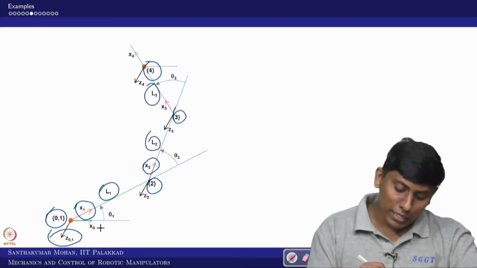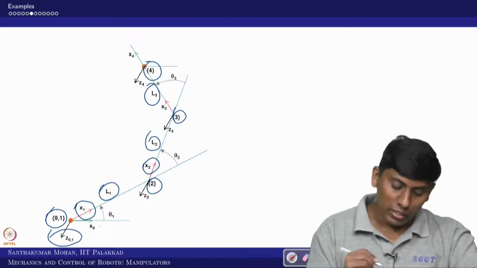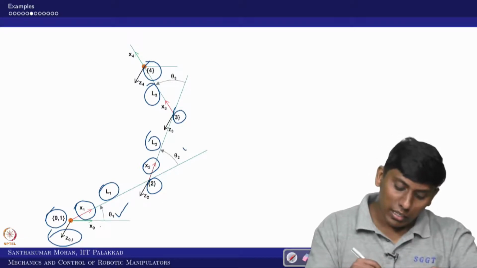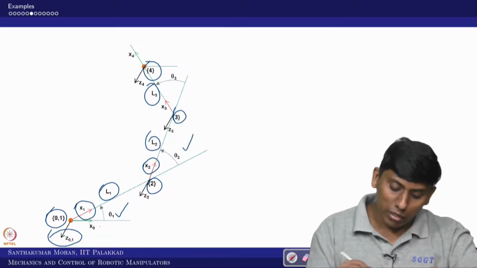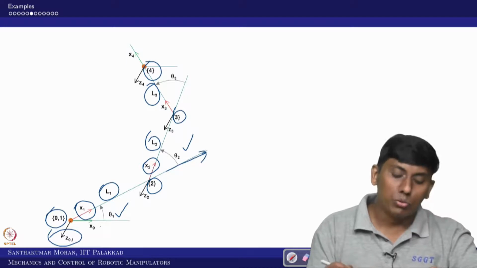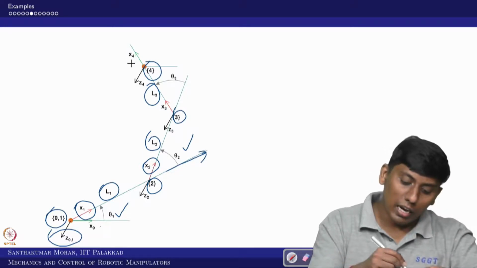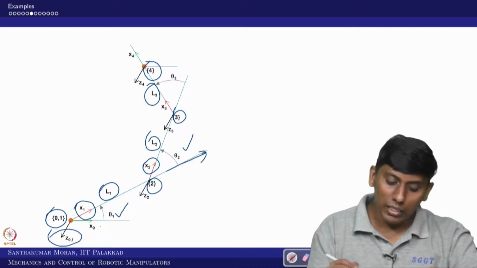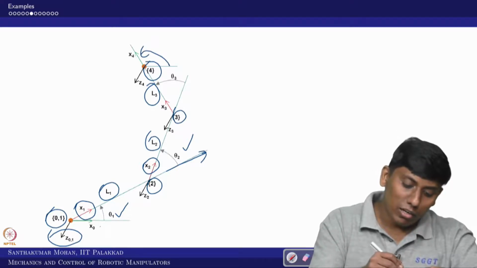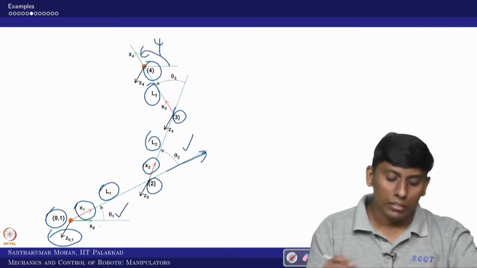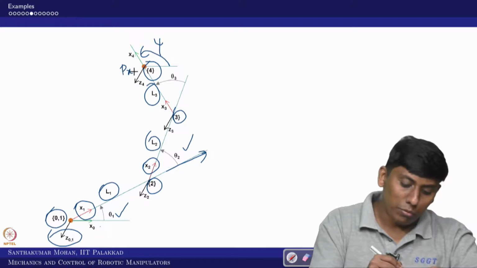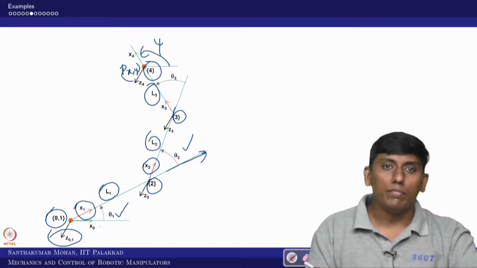The angle between x0 and x1 about Z1 is theta 1, the angle between x1 and x2 is theta 2, between x2 and x3 is theta 3, and finally this angle is called psi. Now this position is x and y. Can we do it?